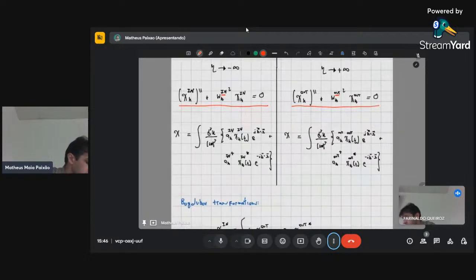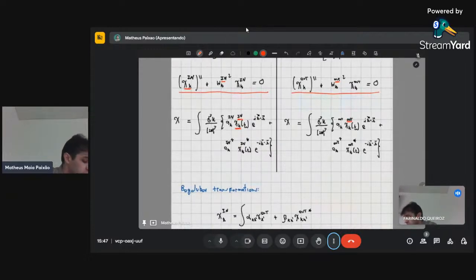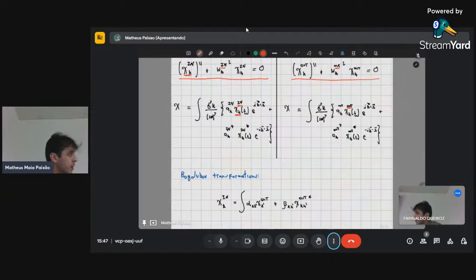As a consequence, the psi k, the coefficients of the Fourier expansion, are going to be different. They're going to have the coefficients in and coefficients out. So despite being very similar, those fields have different expansions. And we can relate those different expansions through the Bogoliubov transformations.